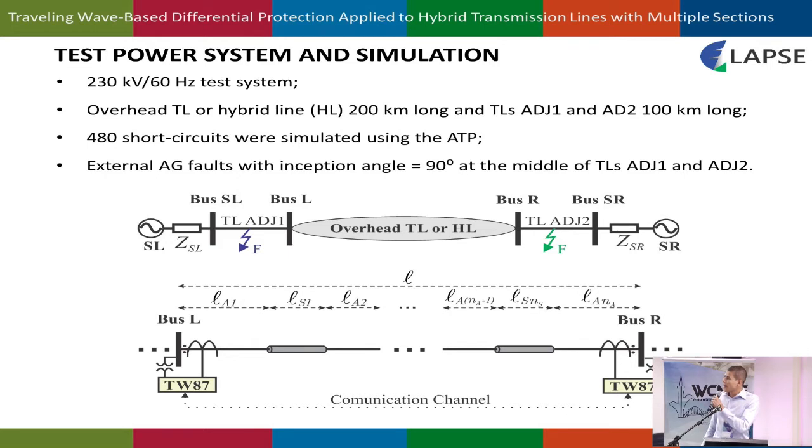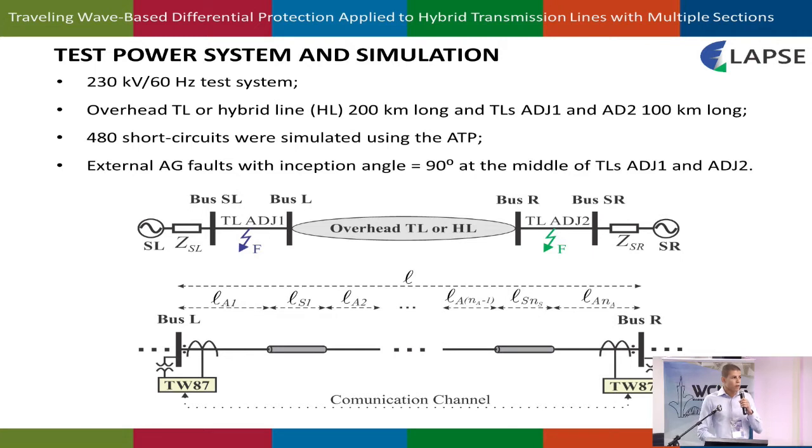To exemplify the problematics of the TW87 application on hybrid lines, we will use a 200 kV, 60 Hz test system formed by unmonitored transmission lines, 200 kilometers long, and TLs adjacent one and adjacent two, 100 kilometers long.